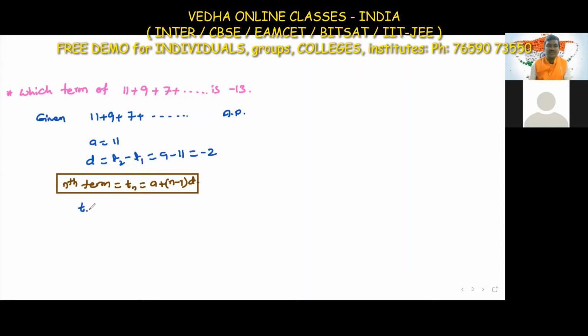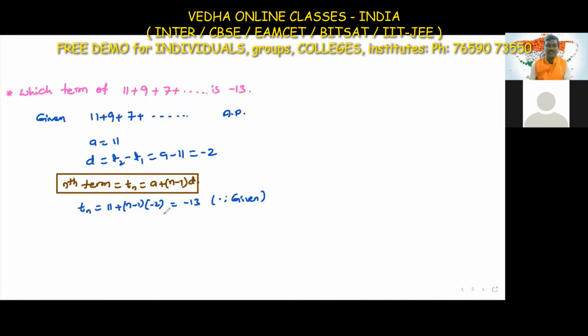Tn is equal to, we don't know which term that is, so the n value is n only. The a value is 11, plus n minus 1, and the d value is minus 2. The answer is given as minus 13 in the question.